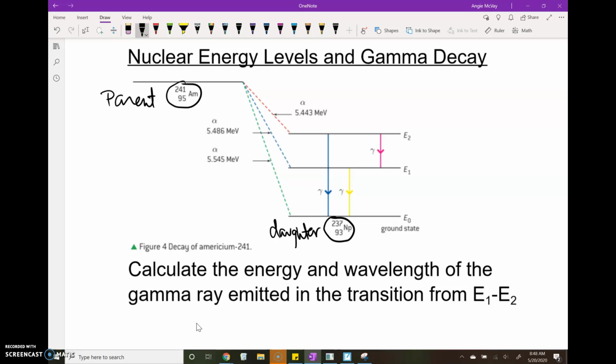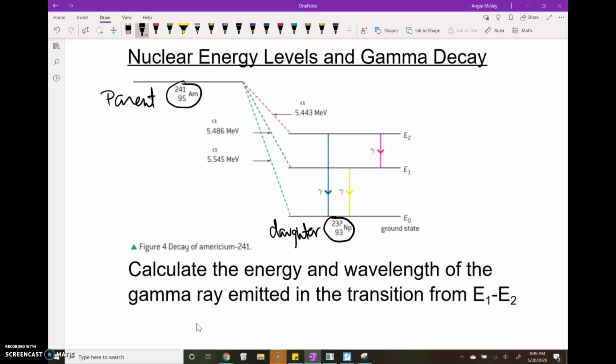All right. So if we know the energies of the alpha particles that are emitted from the parent nucleus, we can then infer the energy states that the daughter nucleus can have. All right. So if we follow this red line down, an alpha particle with this amount of energy will produce a daughter nucleus in its second excited state.